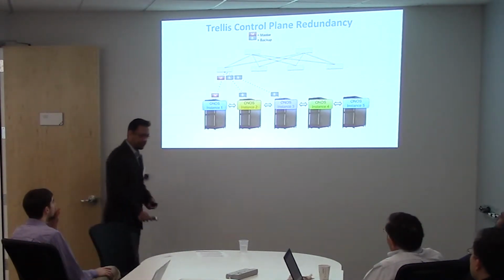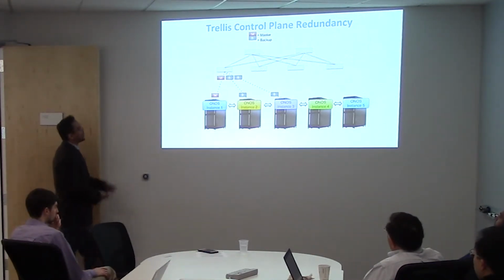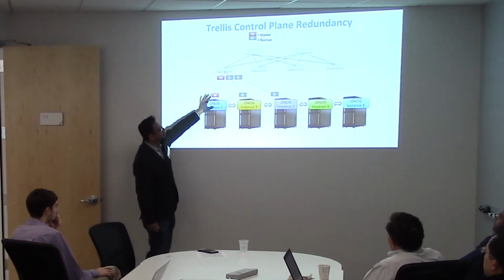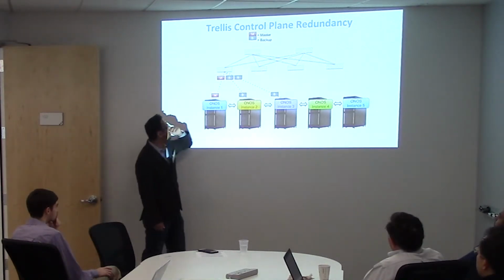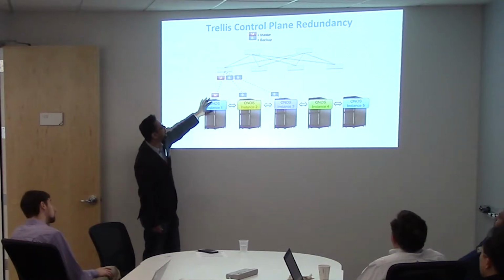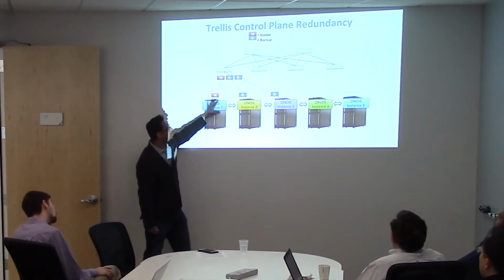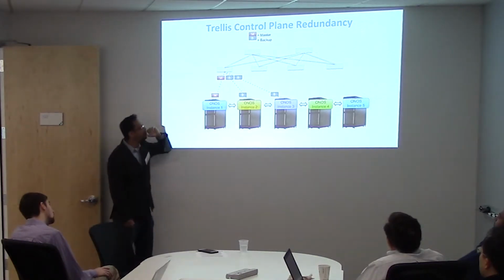All the switches in the infrastructure connect to multiple instances of ONOS. In this particular case, you can see that the ONOS cluster has decided that this instance is going to be the master, and these other instances are going to be backups for that particular switch.